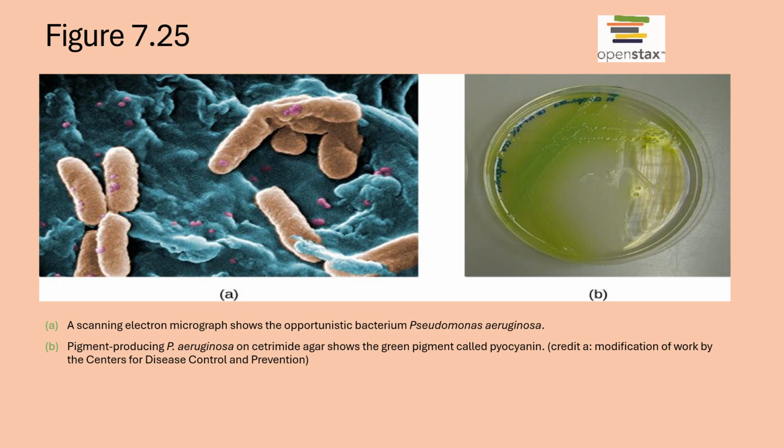One of the problems we're having with Pseudomonas is that it pretty much likes to grow on almost anything, and so there are some issues with drug resistance with this. Now, one thing that's kind of unique about Pseudomonas is that it will often produce a pigment depending on the nutrients available. The pigment on this plate looks kind of green.